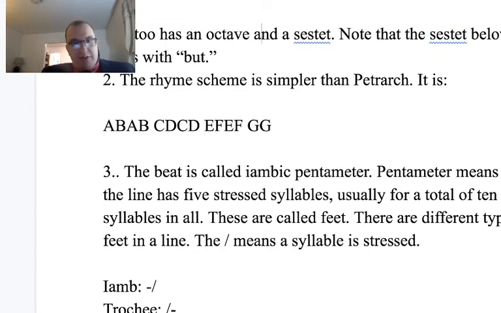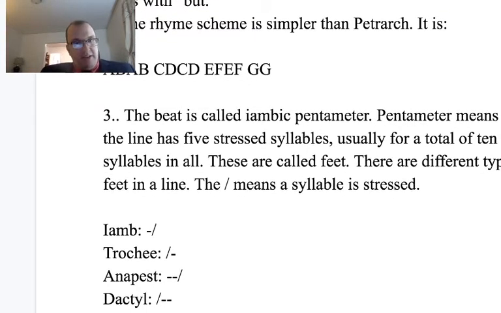However, our rhyme scheme in Shakespeare is much easier. It depends on the sound of the last word in the line. This time it's very simple. We have A, B, A, B. Our second stanza, we have new sounds: a C sound, D sound, C sound, D sound.